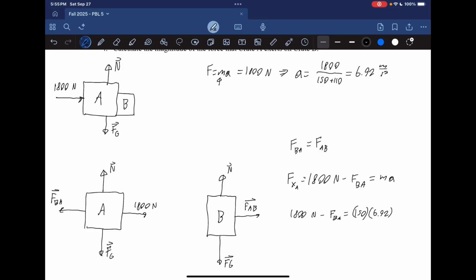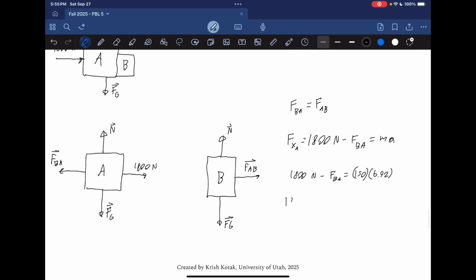We can solve this for the force of B on A, and we get that 1,800 minus 150 times 6.92 equals the force of B on A, which equals the force of A on B. If you plug everything into the calculator, you get that this is roughly equal to 702 newtons.